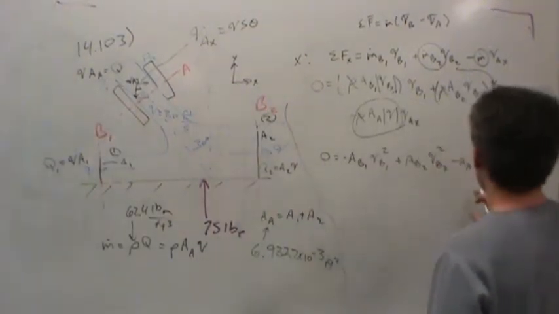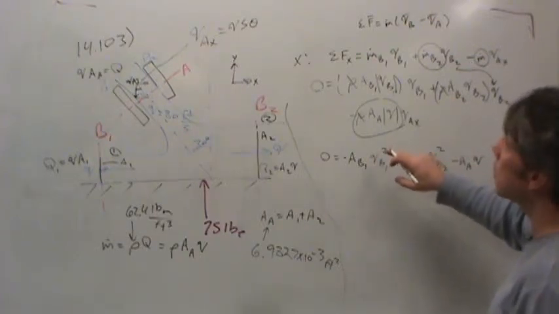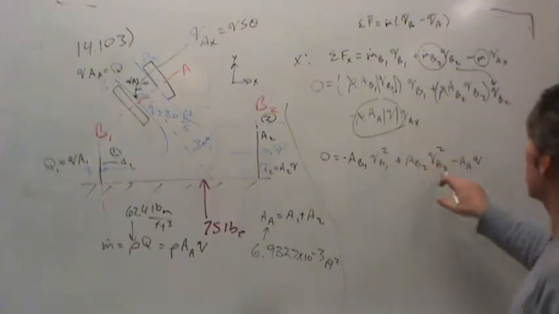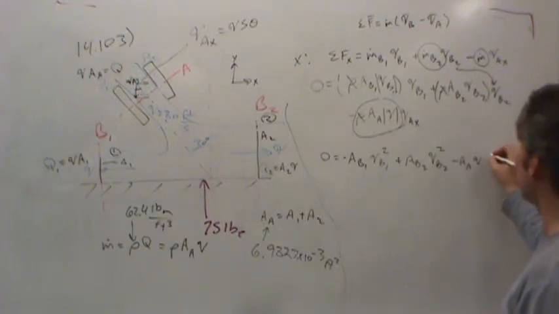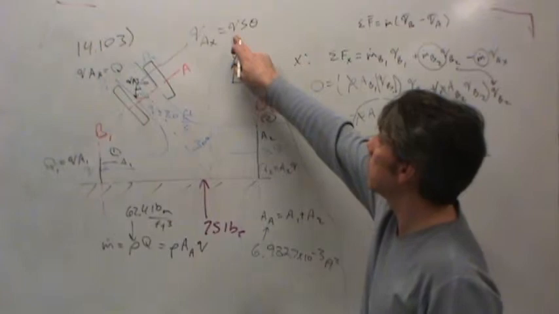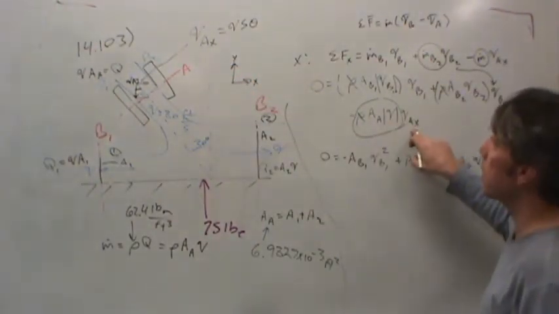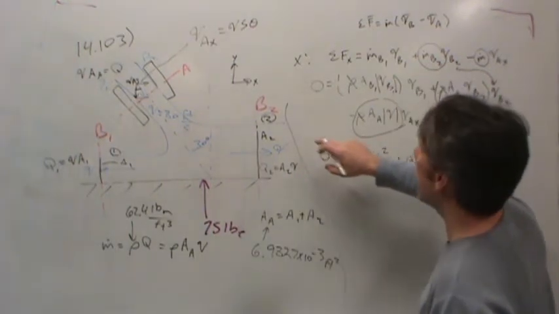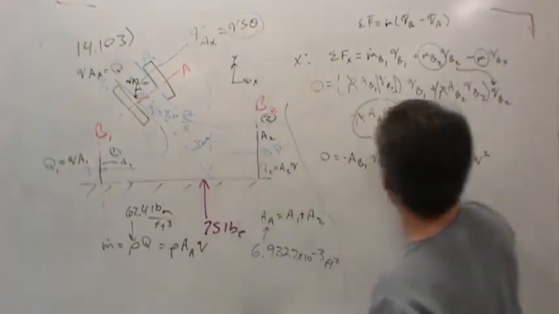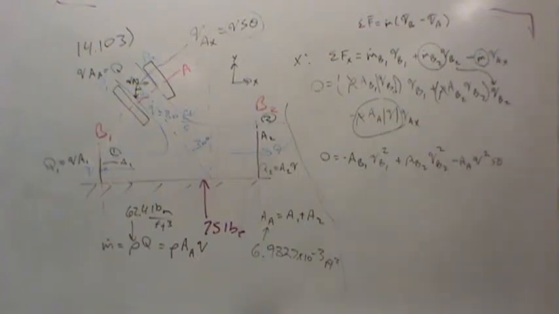So, let me get rid of VAX in lieu of V. So that way I'd have V squared here, right? Because I'm going to take V times VAX, and VAX is just this. So that'll give me a V squared sine theta, right?